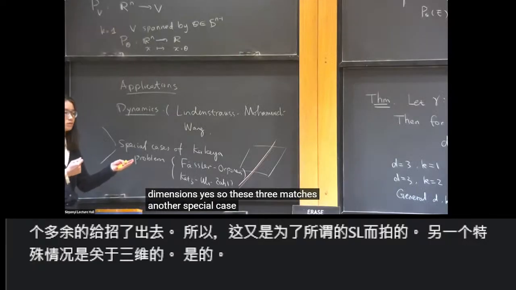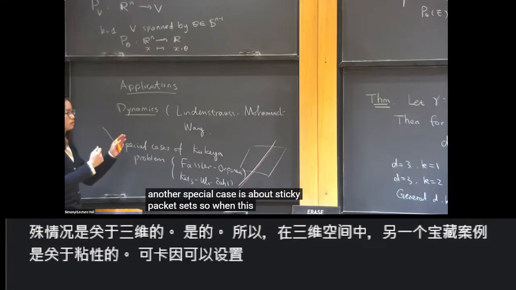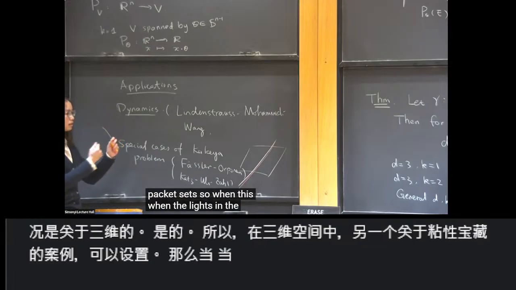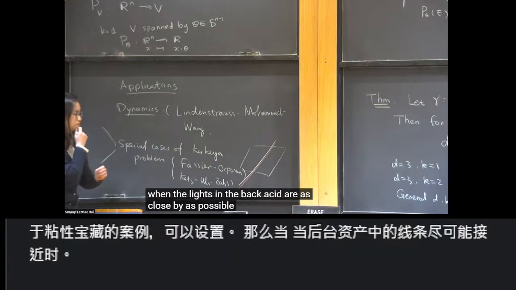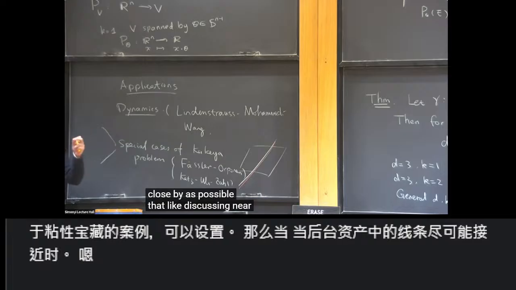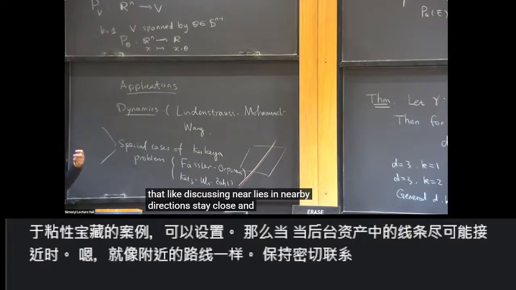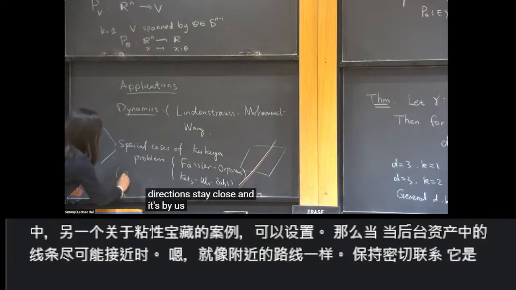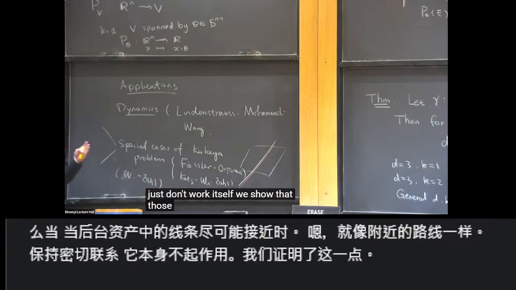Another special case is about sticky Kakeya sets. That is when the lines in the Kakeya set are as close by as possible, like lines in nearby directions stay close, and it's by this result of George and Walker. We show that those sticky Kakeya sets also have Hausdorff dimension 3 in R3.